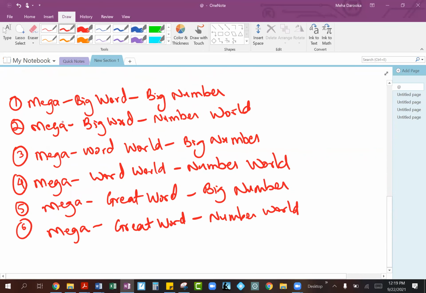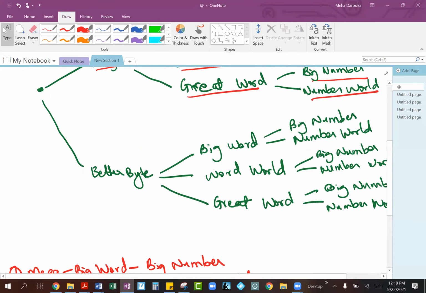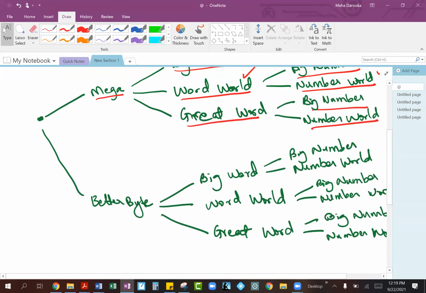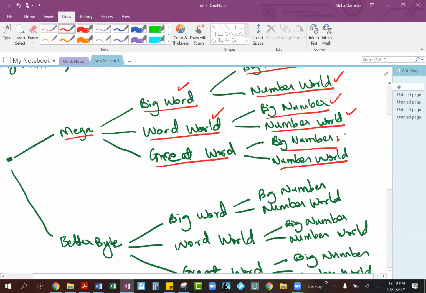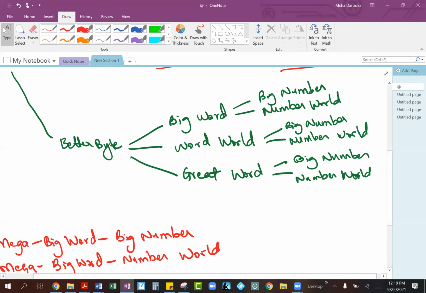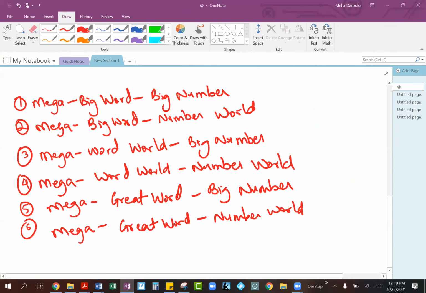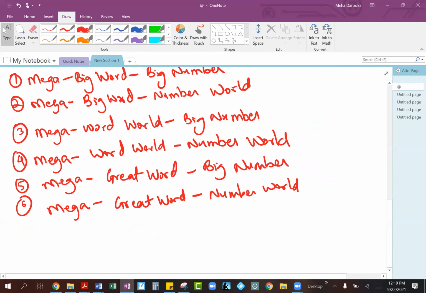And honestly, your next 6 options are going to be the same. The only difference is, instead of Mega now, you will be using Better Byte. So you've basically taken care of all 6 of these options that come up from Mega. And now you will repeat the same process, but this time, all of these will be Better Byte. So you would have your, and I'm just going to abbreviate it so we can save some time. So Better Byte with Big Word, with Big Number.